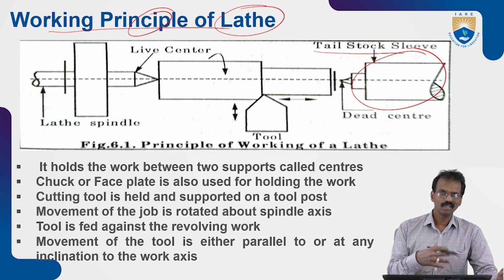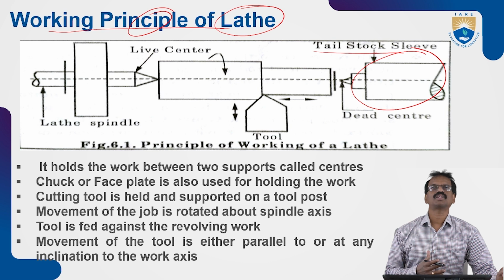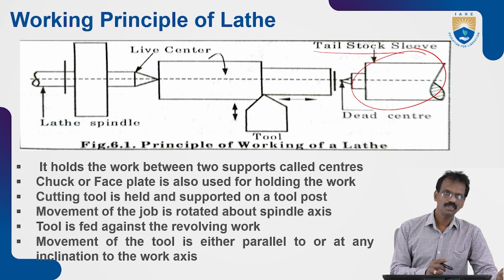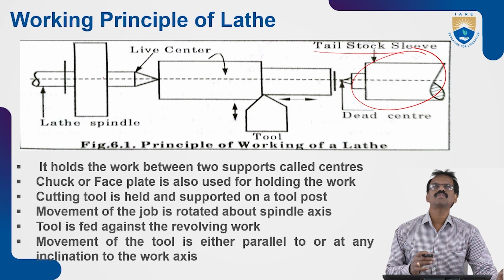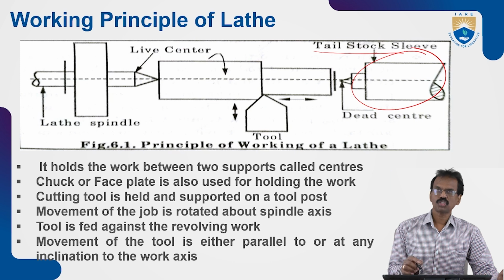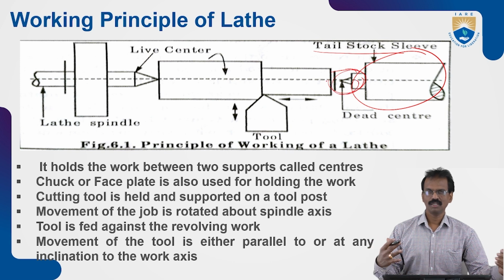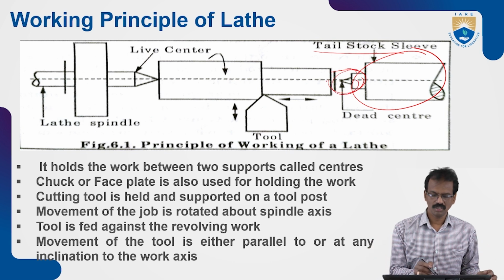For holding regular objects, we will use the three-jaw chuck or universal chuck. With the universal chuck, we can fix the workpiece rigidly, and it will be supported by the tailstock with the dead center. This is the dead center. With this, we can give support to the workpiece.